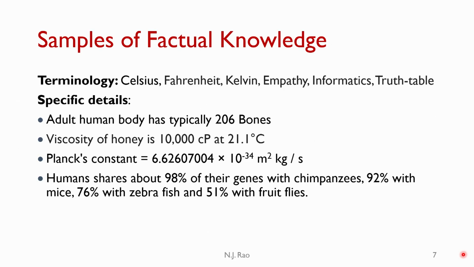Humans share about 98% of their genes with chimpanzees, 92% with mice, 76% with zebra fish and 51% with fruit flies. These are factual information and that is it.